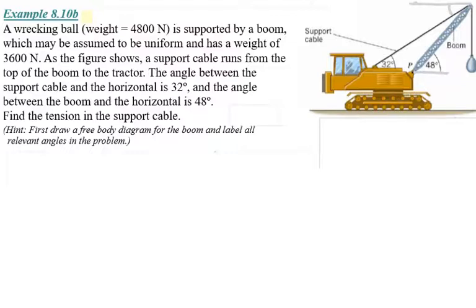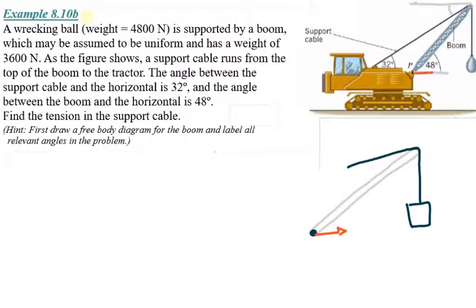So I'm going to start by redrawing my boom. So here is the boom, and the forces acting on the boom, here is the tension. So I'm going to write the cable. So here is the mass hanging, and this is going to be the point of rotation. So the forces acting on the boom, there's going to be some horizontal force, I mean this one, and I'm going to call it Fx.